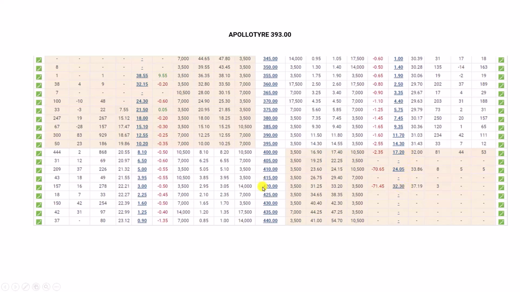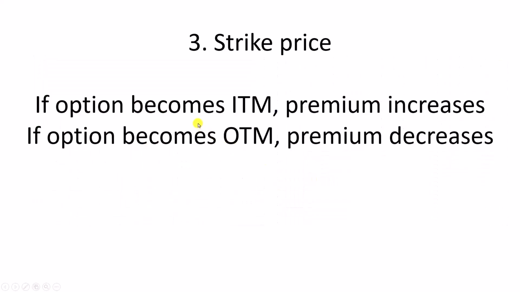Okay. Now, if tomorrow it reaches 420, then all these will change. All these premium values will increase. So, whatever is below 420 will be in the money, and whatever is above 420 will be out of the money for call option. The opposite is true for put option. So, this is what this means, strike price.